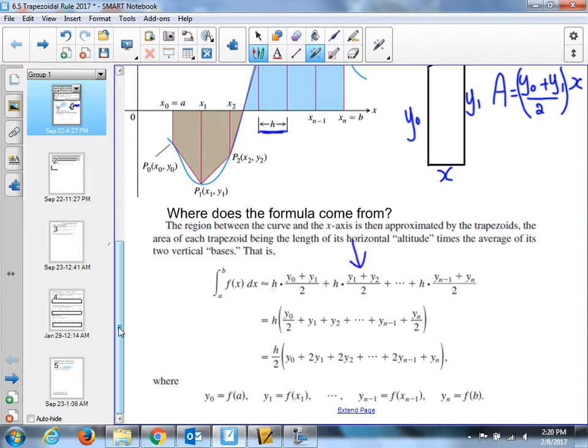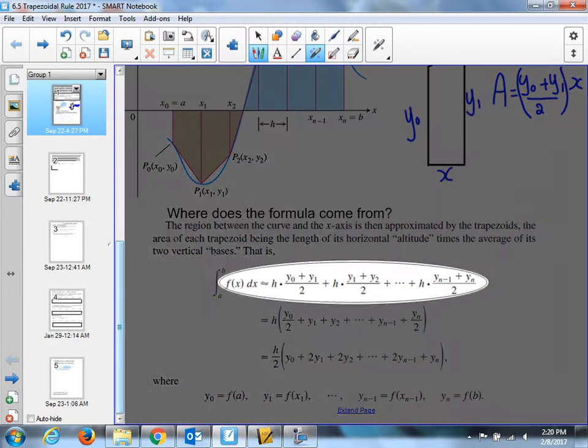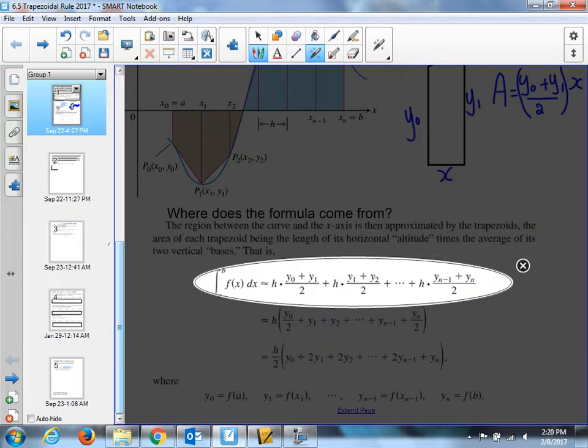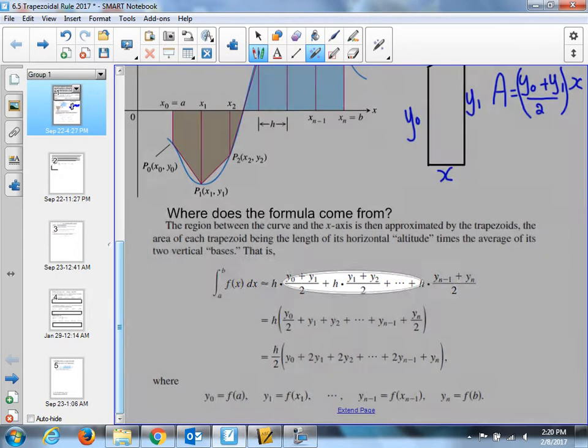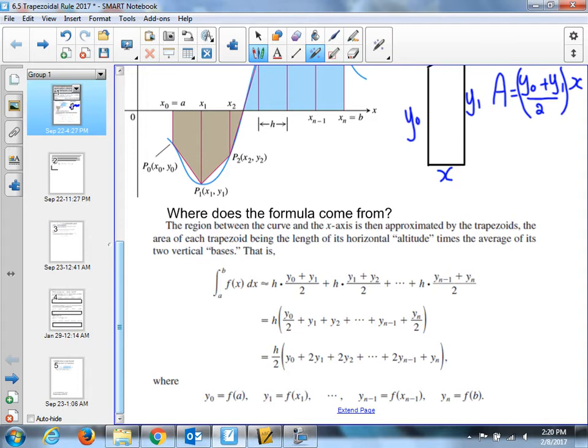Then they take the average height of the next strip times the base. I honestly think this is the best form for what you're most likely to have. Otherwise, this shows how you come up with the other formula, but put a star or a circle around this. This is what you'll use more often.